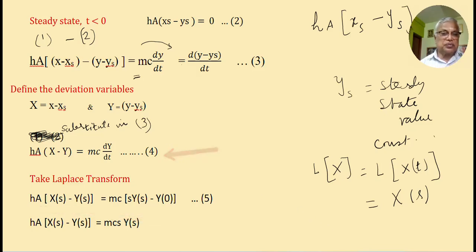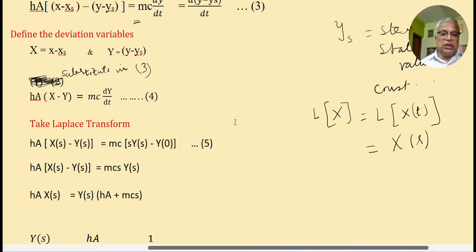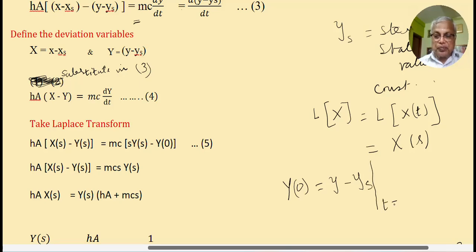Now, what is this y0? Capital Y means y minus ys. 0 means at t equal to 0. The disturbance begins at t equal to 0. Only after that, y varies.